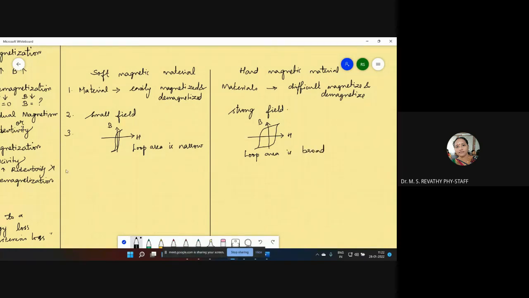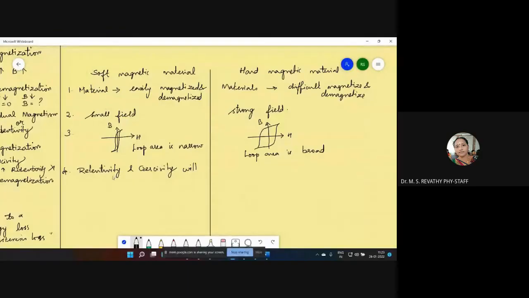The two most important parameters to consider here are retentivity and coercivity. Based on the information you gathered, will they be high or low in the case of soft magnetic material?